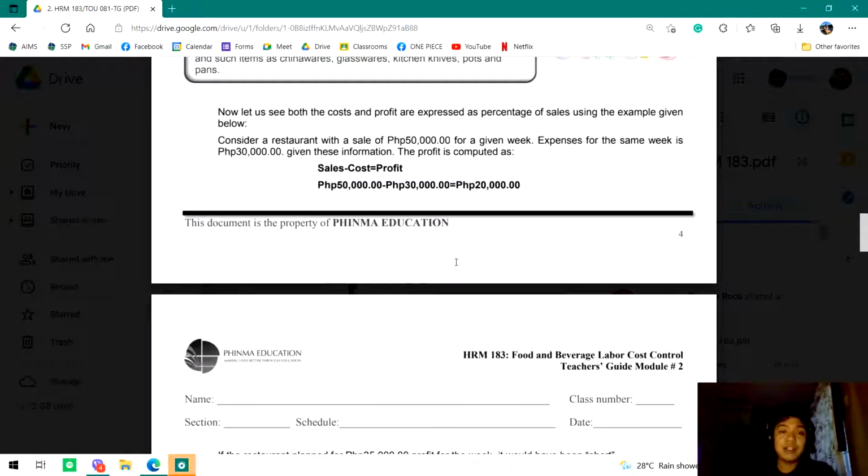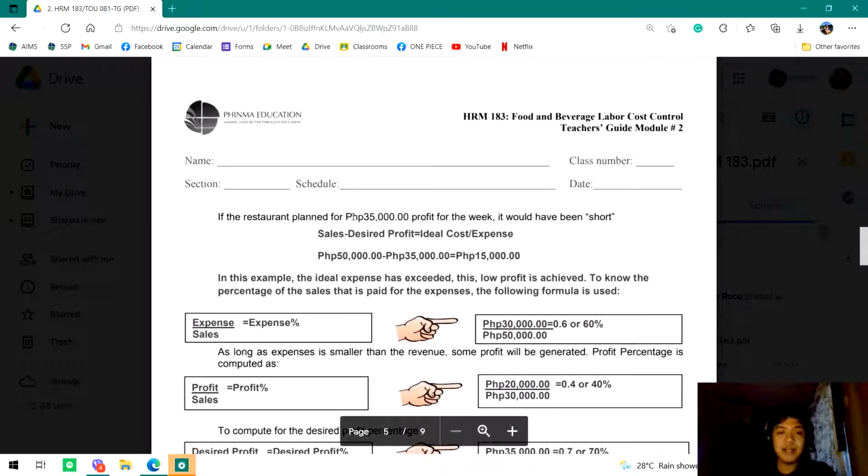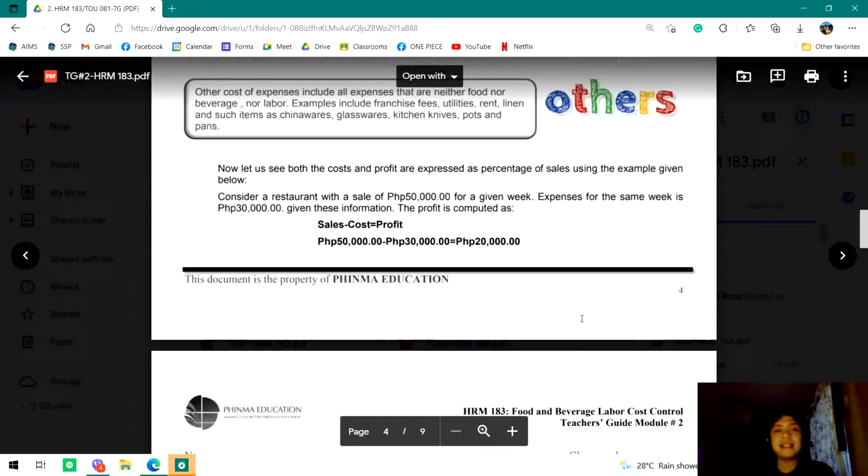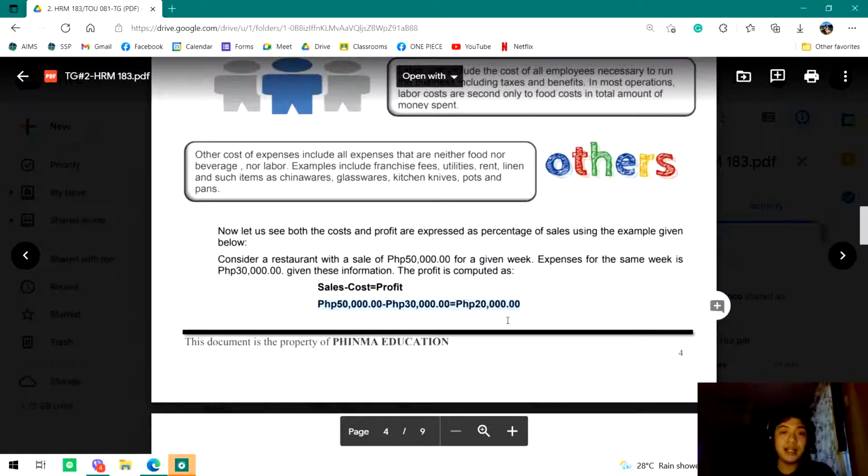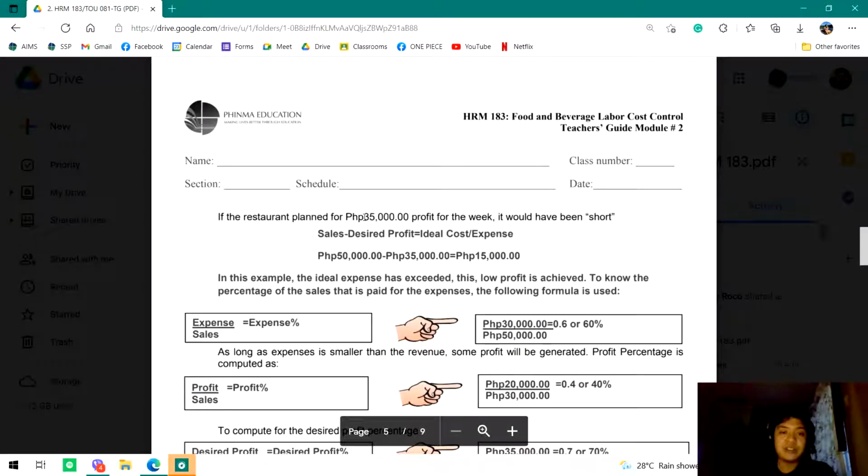Now, balik tayo doon sa formula. If the restaurant planned for 35,000 of profit for the week, it would have been short. Ibig sabihin, kasi ang profit mo is 20,000 lang, pero ang desired profit mo is 35,000, short ka ngayon ng 15,000 according to this formula.